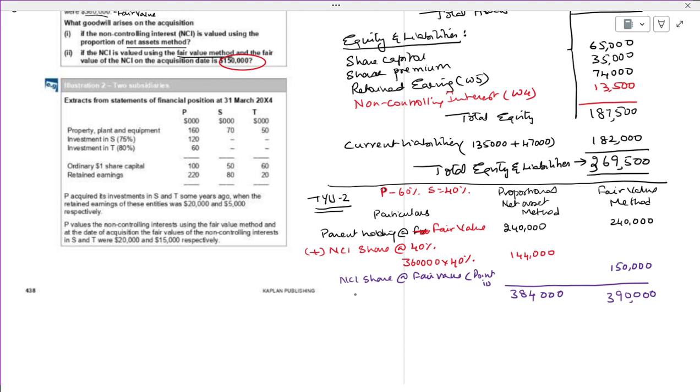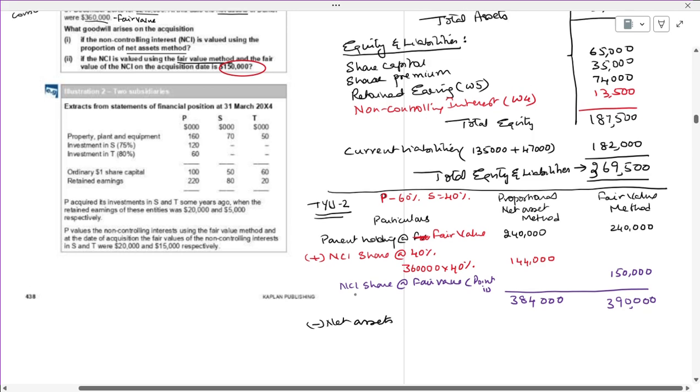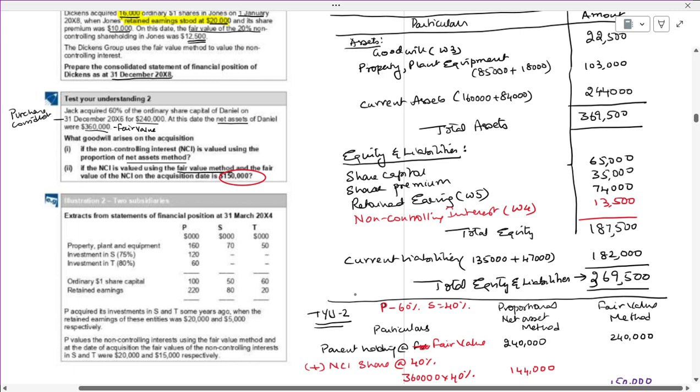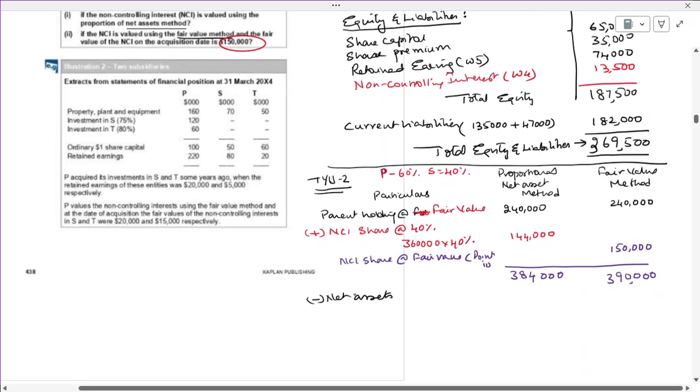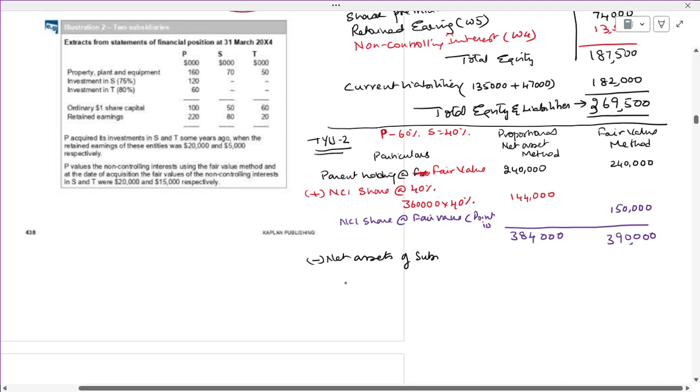What will you do? You will deduct the net assets. How much are the net assets of the subsidiary? 360.